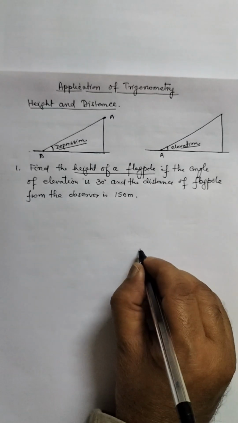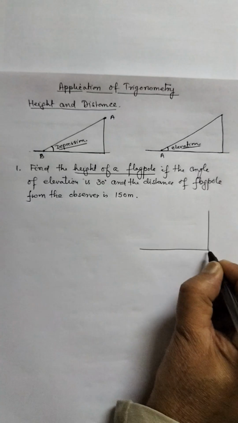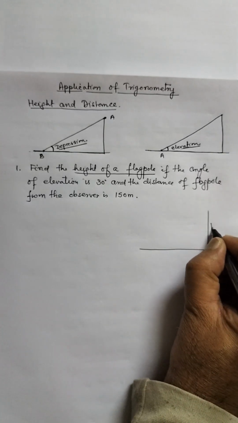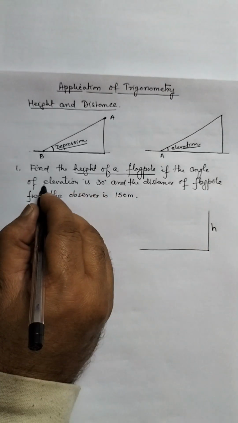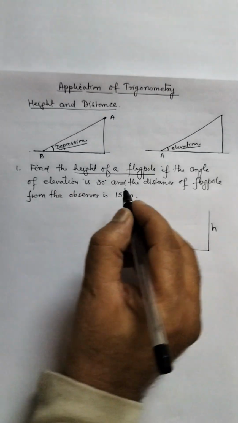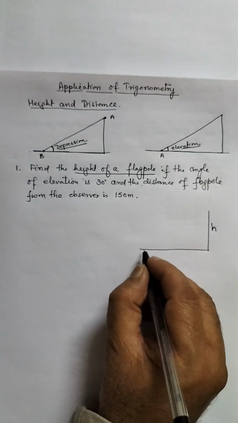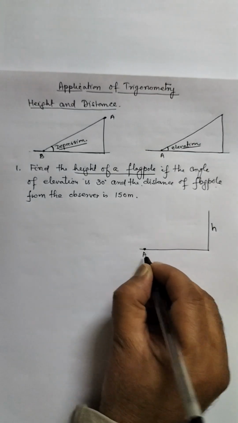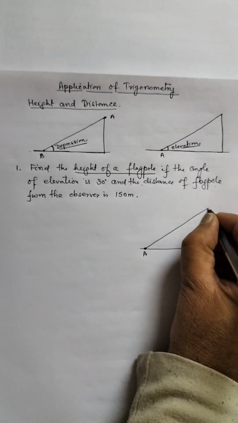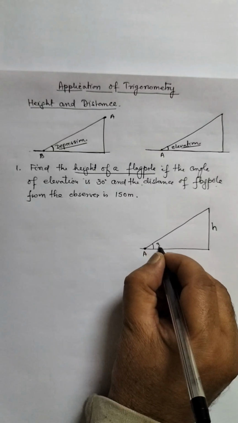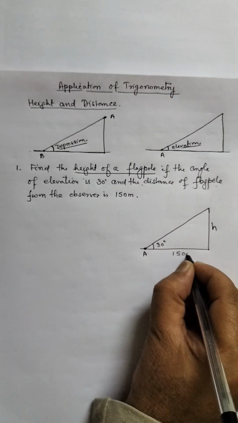Now suppose this is the ground and this is a flagpole. We have to find, say this is the height h. The angle of elevation of the top from here is 30 degree and this distance is given to be 150 meters.